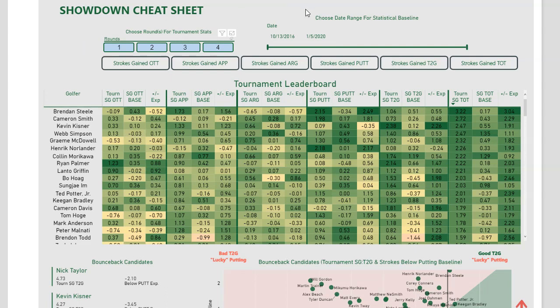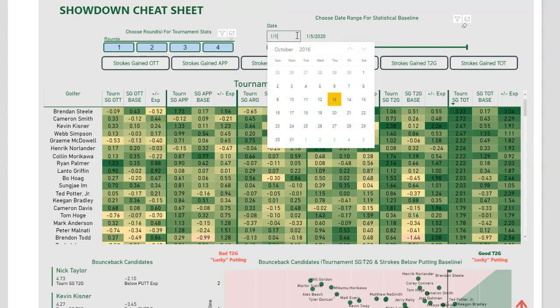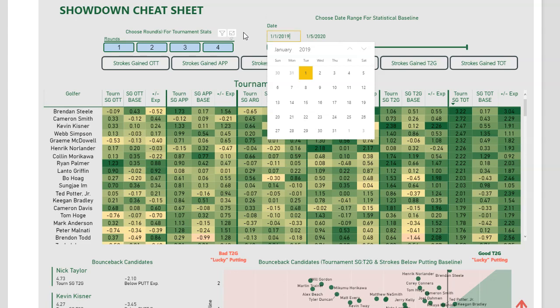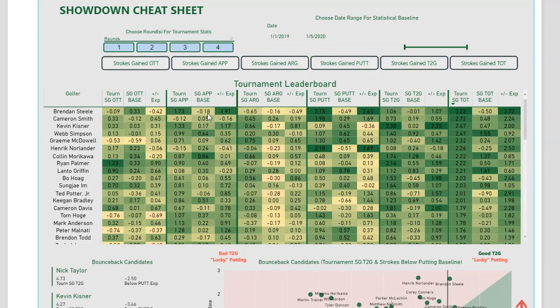But you might say, hey, I want to make this more recent. I just want everything from 2019 on. So you can adjust the date range and all the information down here is going to change. Then Brendan Steele is 56 rounds, Cam Smith is 63, and Kevin Kisner is 69 rounds.